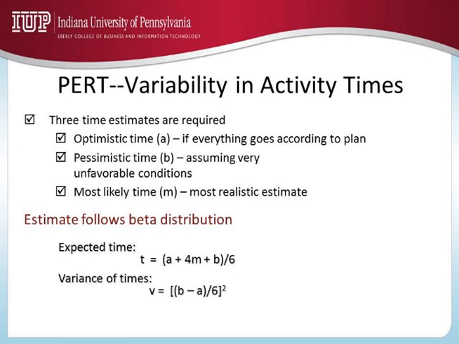A weight of 1, a weight of 4, a weight of 1. 1 plus 4 plus 1 is the 6. Then you have the variance of this. The variance of this particular distribution is given by (B minus A) divided by 6, squared.